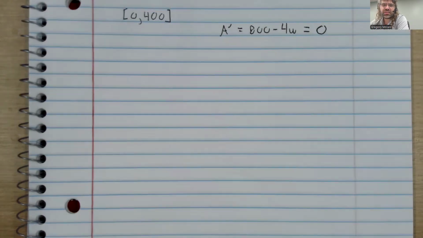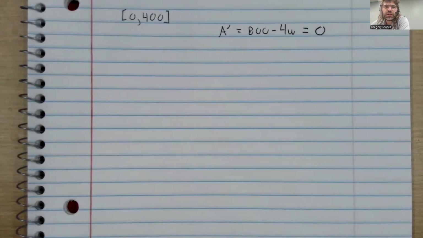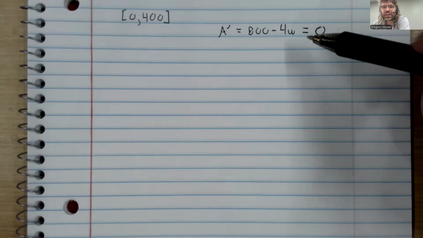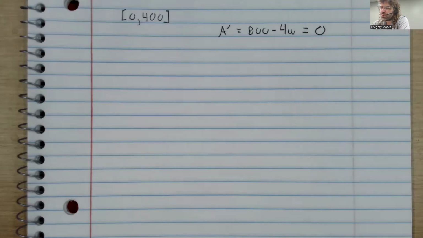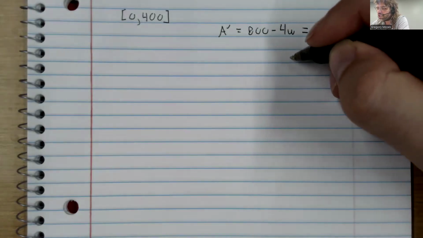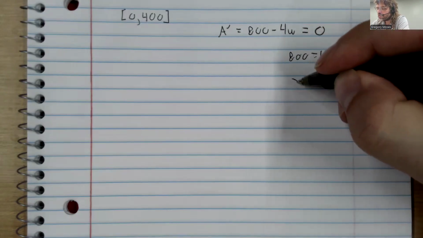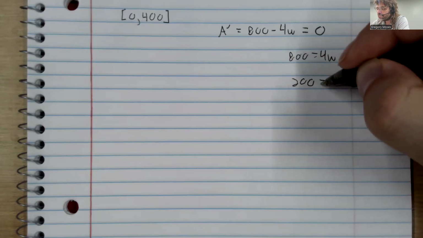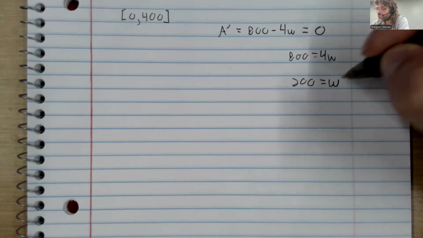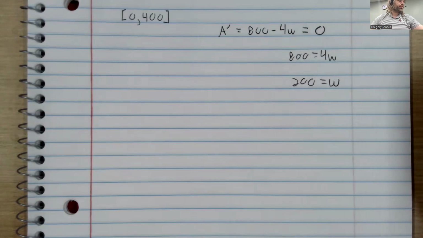This always exists, so there aren't any critical values due to the derivative not existing. There is a critical value due to the derivative equaling 0. And that critical value is at 200.